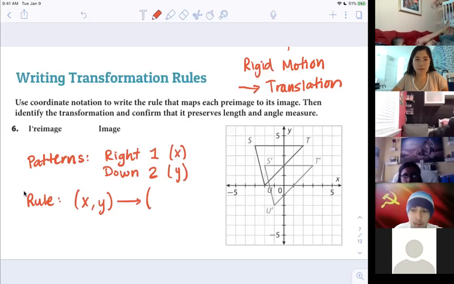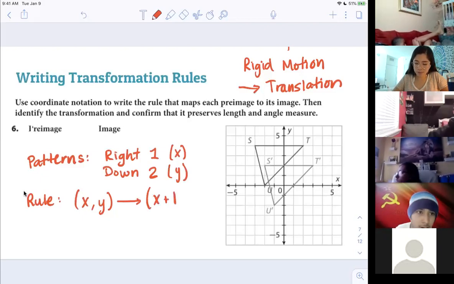If x moved to the right by 1 unit, how could I write that? It moved to the right, so that's positive 1. So I'm going to write x plus 1.